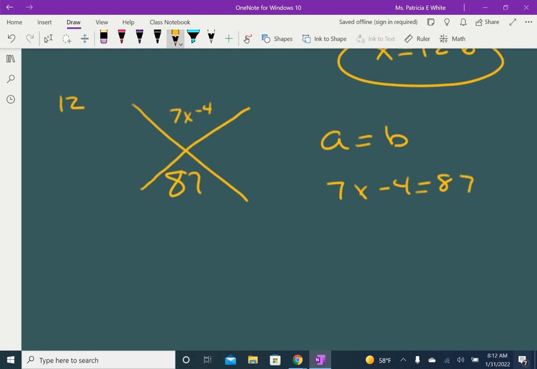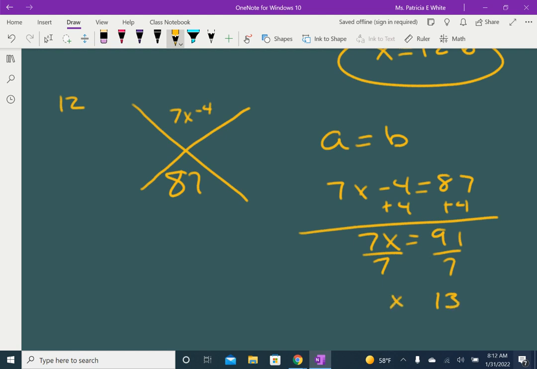Adding the 4 to both sides, I got 7x equals 91, and dividing by that 7. So that's going to give me 7 into 9 one time. 9 minus the 7 is 2. Bring down the 1. 7 into 21 gives me 3. So x is equal to 13.